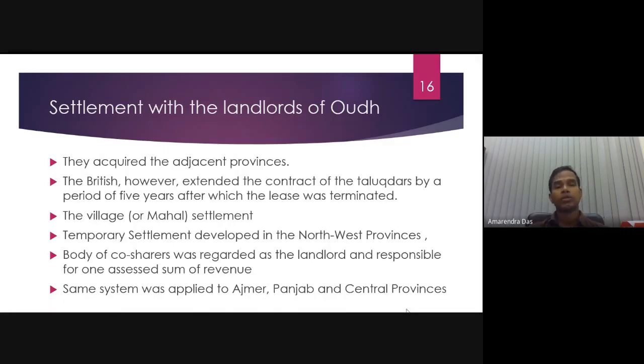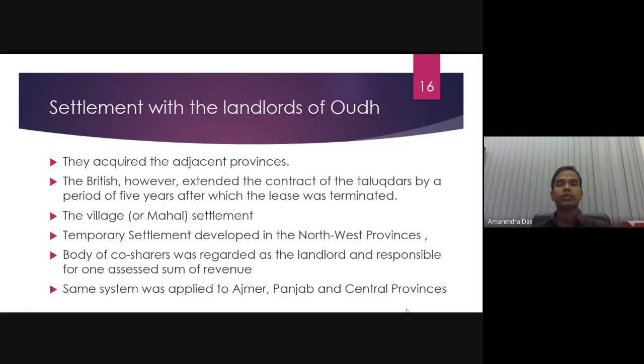And that's how they also started acquiring the adjacent provinces. The British, however, extended the contract of the talukdars by a period of 5 years, after which the lease was terminated. So the British took the control of the land from the Nawab, and initially they extended the contract of the existing talukdars by the next 5 years, and then that was terminated later.